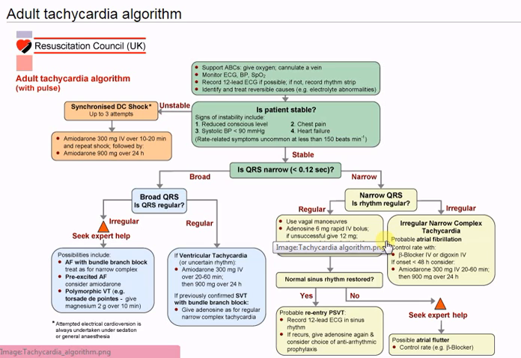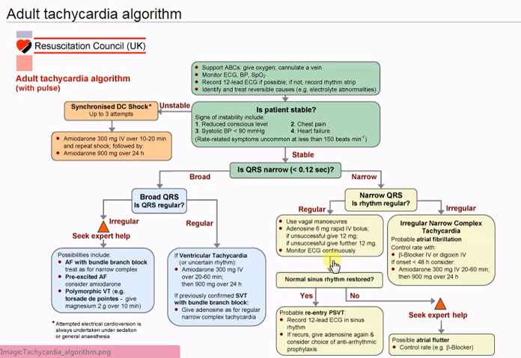You should try. Sometimes it's really effective. And then, if you have adenosine in your emergency department, use is really useful.